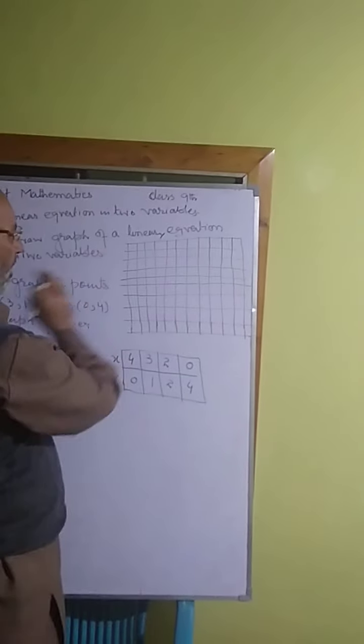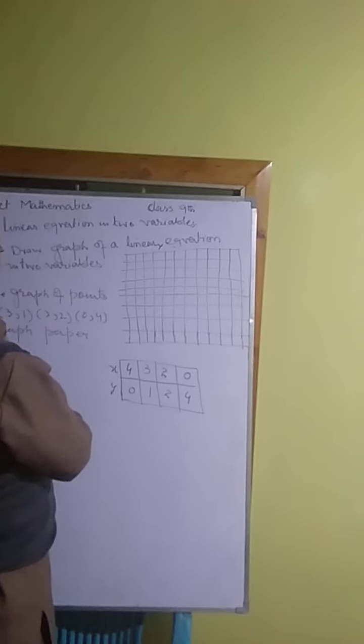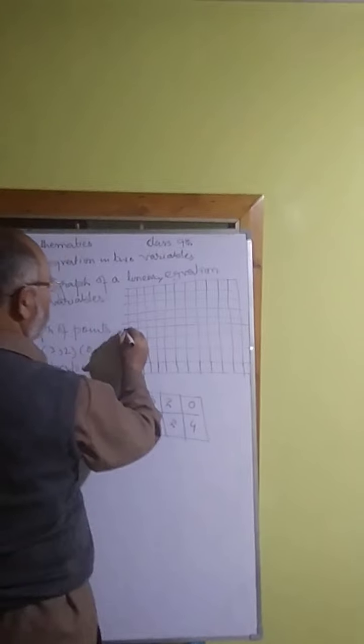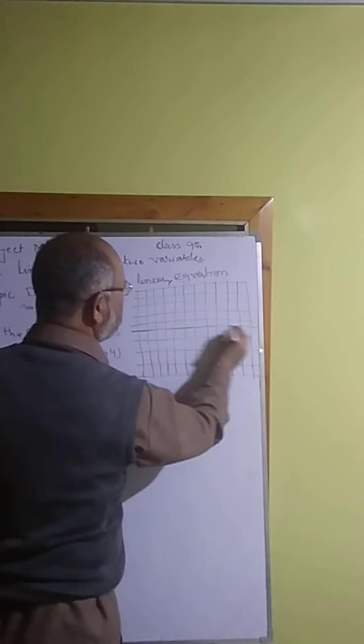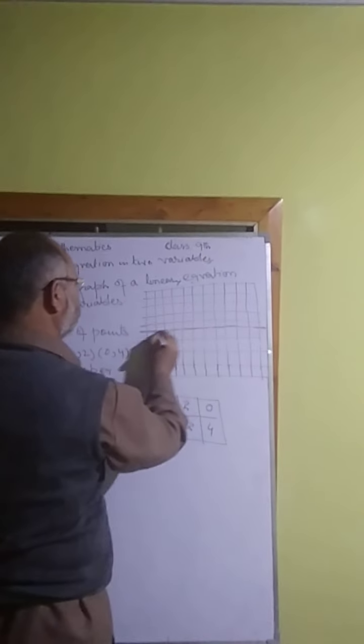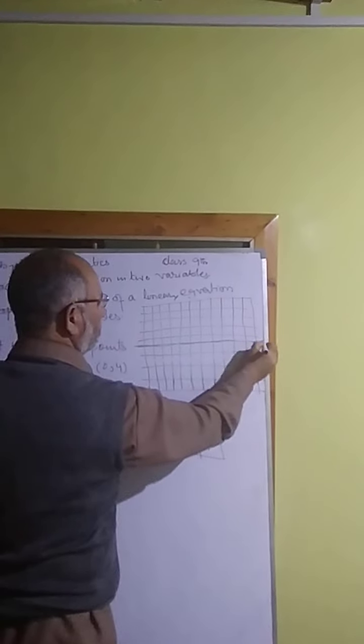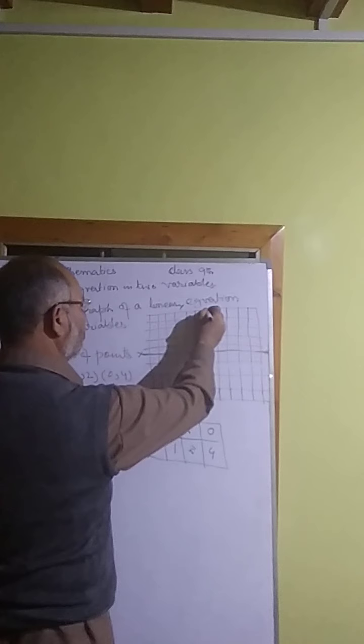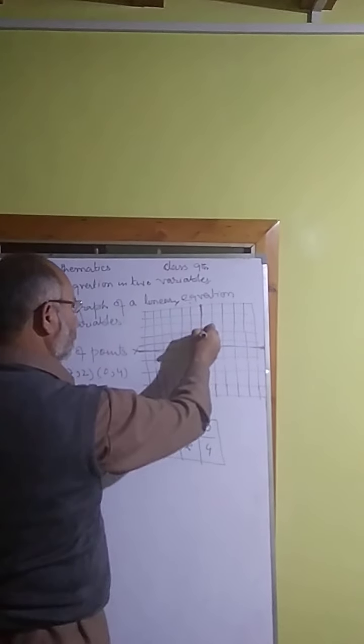Now we draw the graph of these points on the graph paper. Suppose this is our x-axis, this line, and this line is our y-axis.